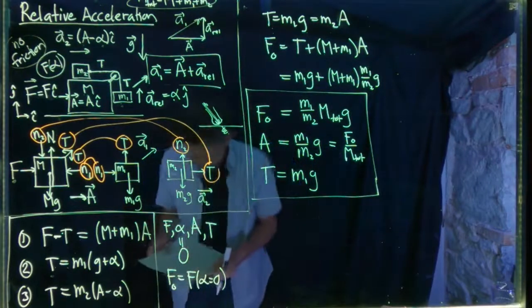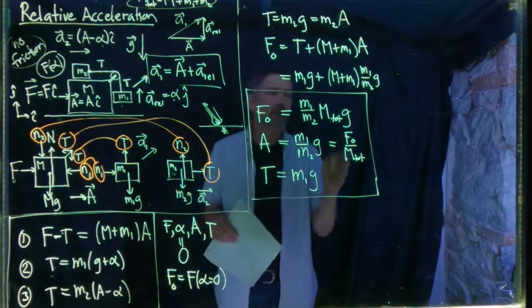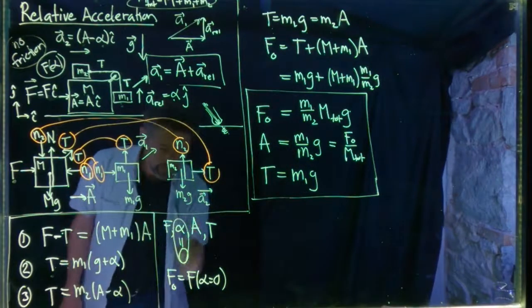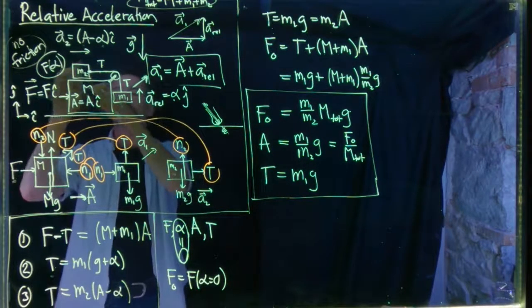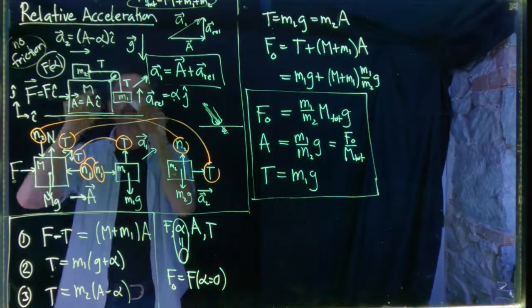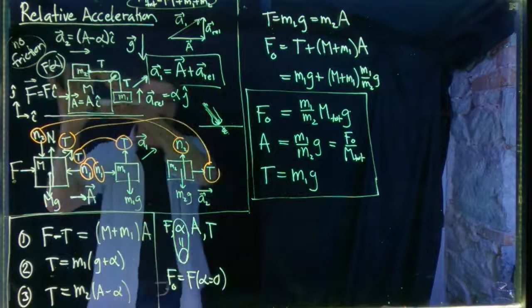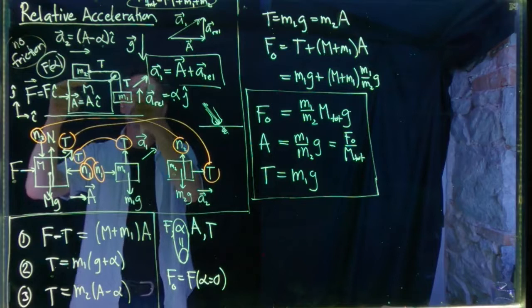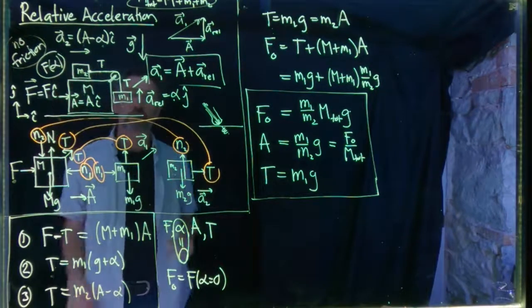So let's see, which one should we start with? So actually, let's start with this one over here. Okay, so crucially, what we're demanding is that alpha is equal to 0. If alpha is equal to 0, m1 is not accelerating up or down relative to m, big M. And so that means that m2 is not accelerating to the right or left relative to big M. It means that all three masses are accelerating together with exactly the same acceleration to the right only, which is capital A. So you can imagine, in this case, you can just take m1 and glue it to big M, and m2 and glue it to big M. It's one just big mass accelerating to the right.